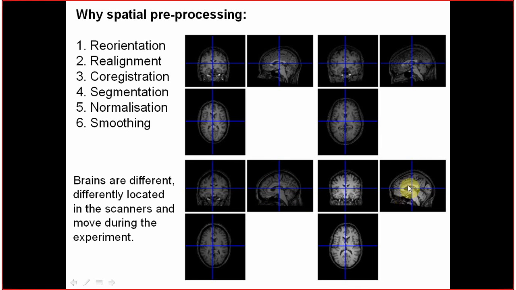But this is not enough. You can see that the shape of the brain is different from one subject to the other. So how then are you going to estimate the average statistical map of the activation in all your subjects? And how can you extrapolate your results to the entire human population?